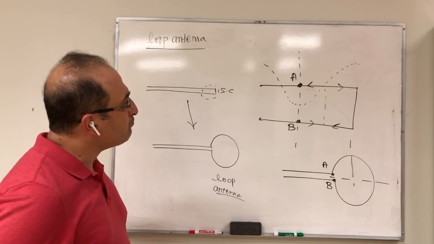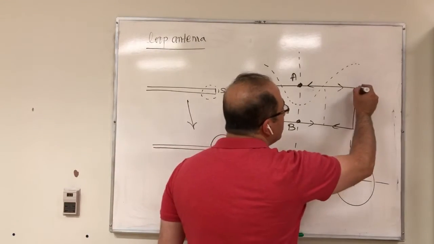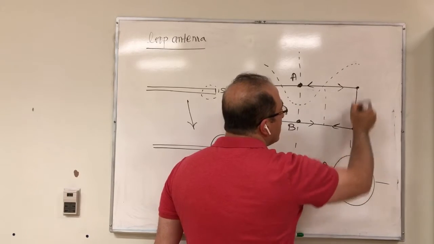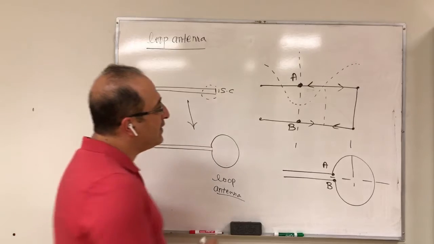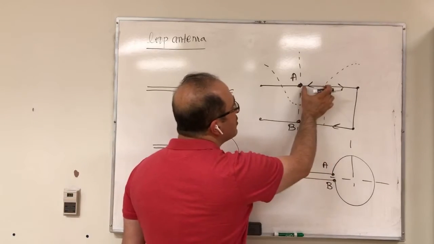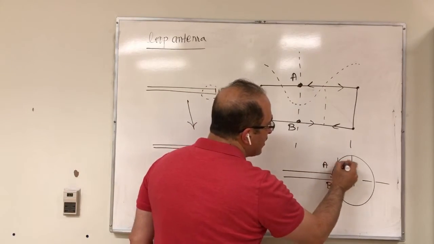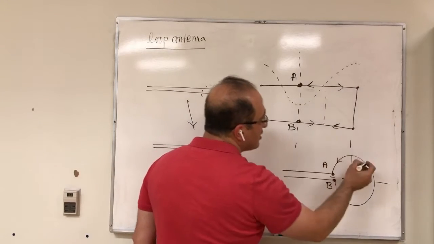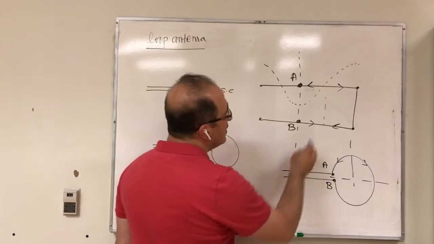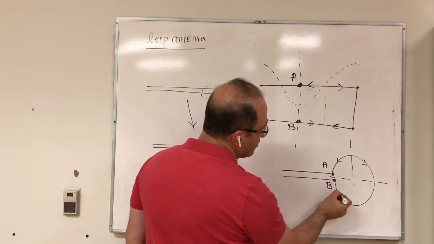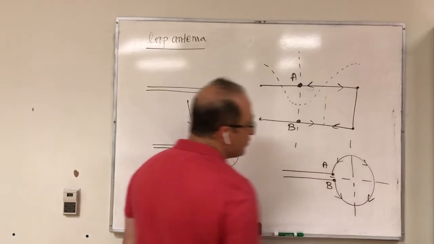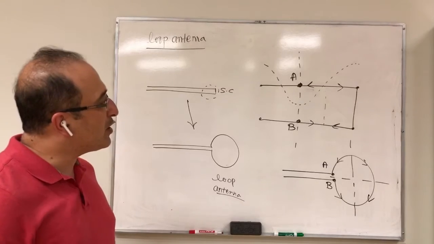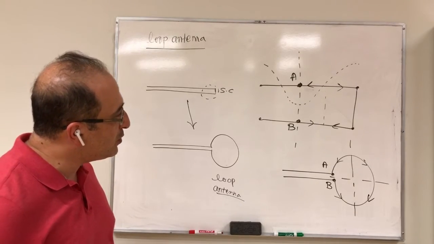And essentially these two points are the same point. They're connected to each other and they're very close. Now this would be my current distribution. This part becomes this part, becomes this part, becomes this part, and then this part becomes this part. So this is going to be the current distribution on my loop.